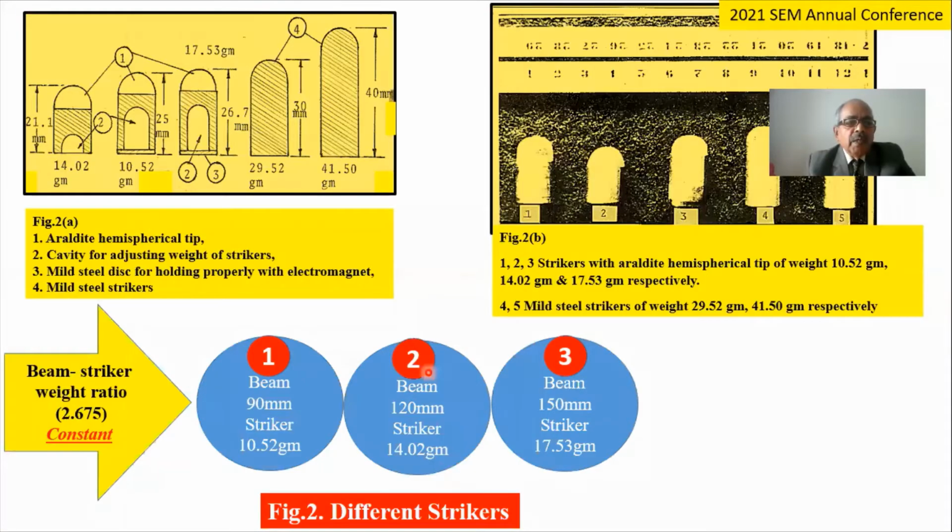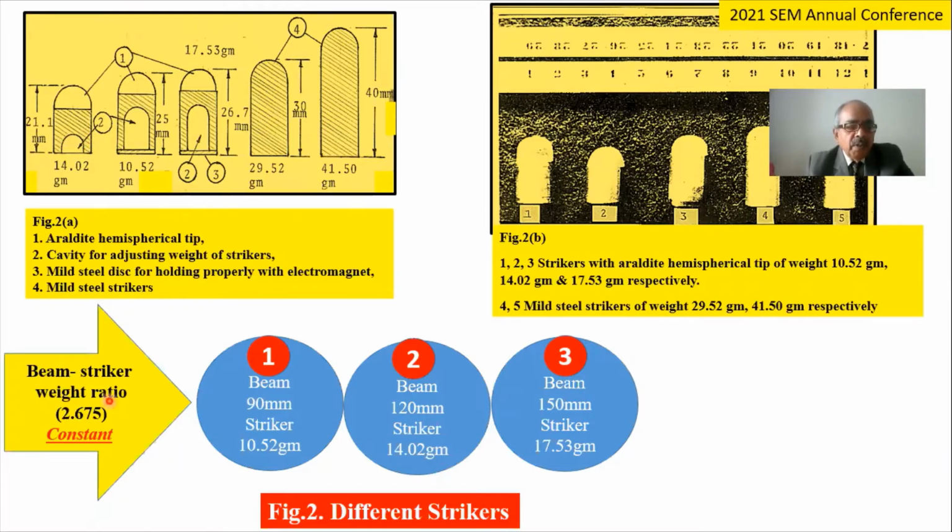The different striker constructions are kept as shown in the figure, namely 1, 2, 3, 4 and 5, and they are used for the second set of experiments. In this case, mild steel, which is cut inside, is used for making the beam striker.